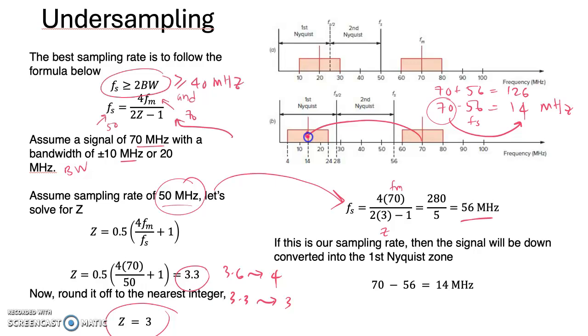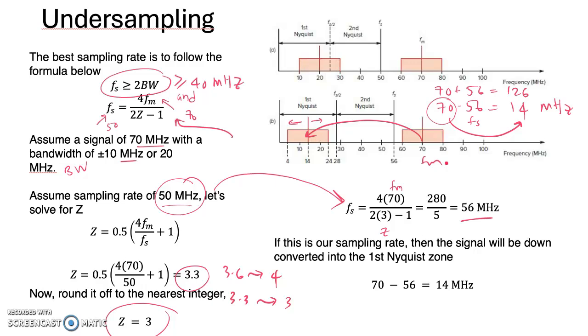So it's over here. And of course, it has a plus minus 10 MHz upper and lower sideband. So those come with me, and I retained everything within the first Nyquist zone. This is the best undersampling that I can get if my bandwidth is 20 and my Fm is 70.